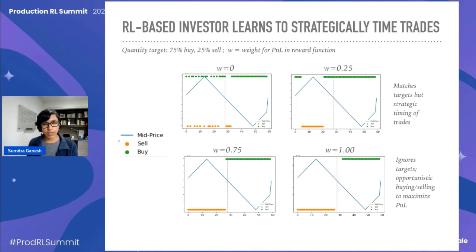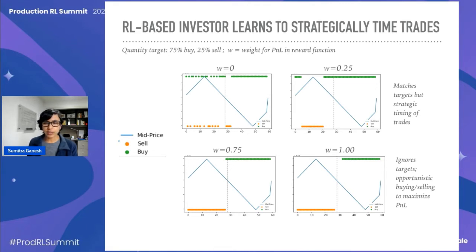And you can see when we set a weight of 0 for P&L, the shared policy is largely trying to meet the quantity targets. So it ends up buying most of the time. The buys are denoted by these green dots here. And it sells about 25% of the time. But you can see it's not being very strategic about how it times these trades. It buys even when the price is high.